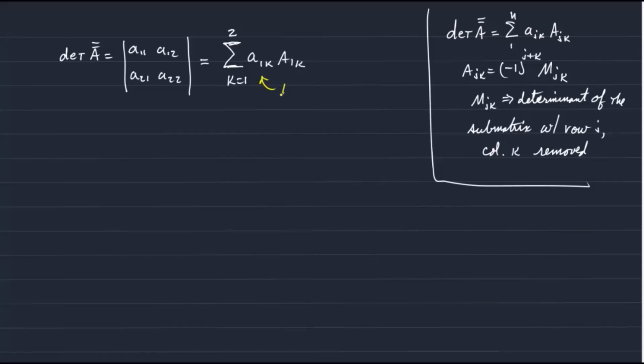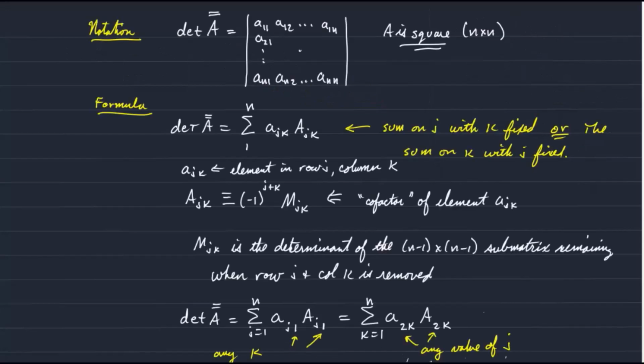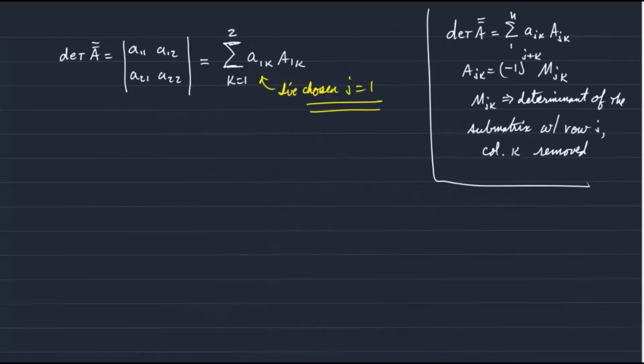So I've chosen J is equal to 1. And again, I do this because I'm used to doing it. But as I showed before, you can pick any value of J and you would get the same answer. And so let's sum over k.